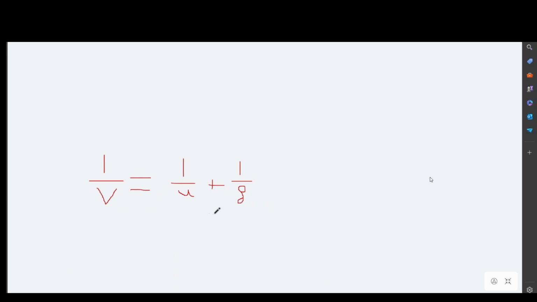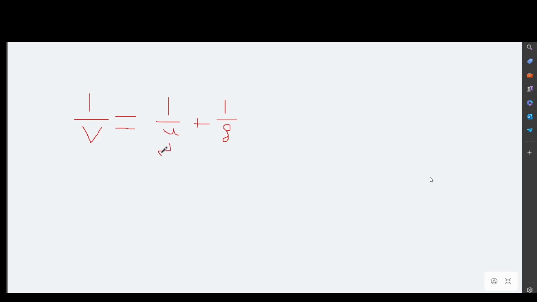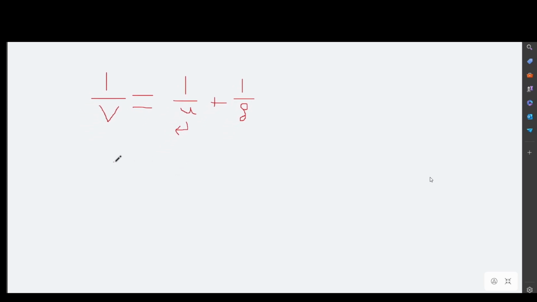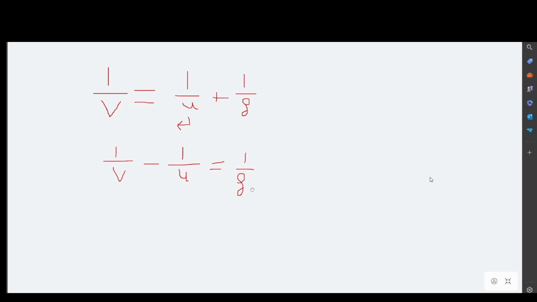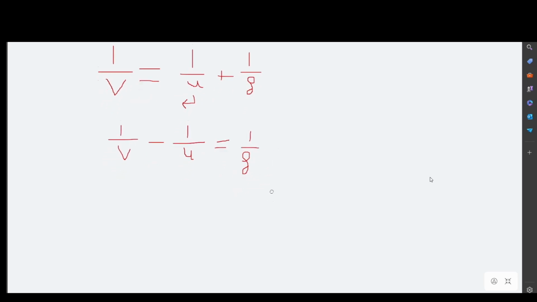Alright, so now we need to just rearrange for the focal length. So to do that, first we'll do a simple moving u across. So 1 over image distance minus 1 over object distance equals 1 over focal length. Then obviously just flip this round to get focal length.